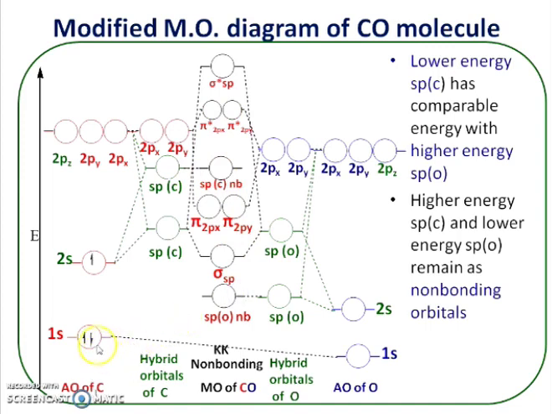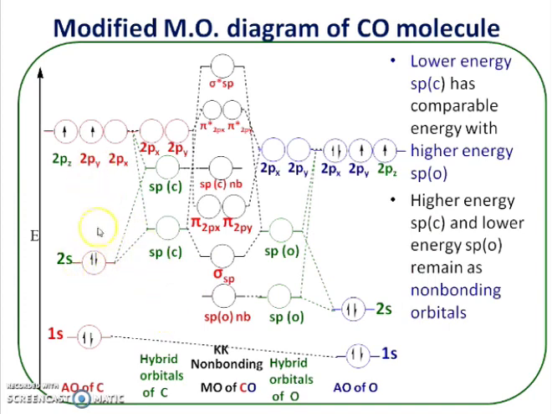Now at carbon there are 6 electrons, filled like this. There are 8 electrons in oxygen, 1s2, 2s2, 2px2, 2py1 and 2pz1. So in the outermost shell there are 4 electrons in carbon and 6 electrons at oxygen. Altogether there are 10 electrons.